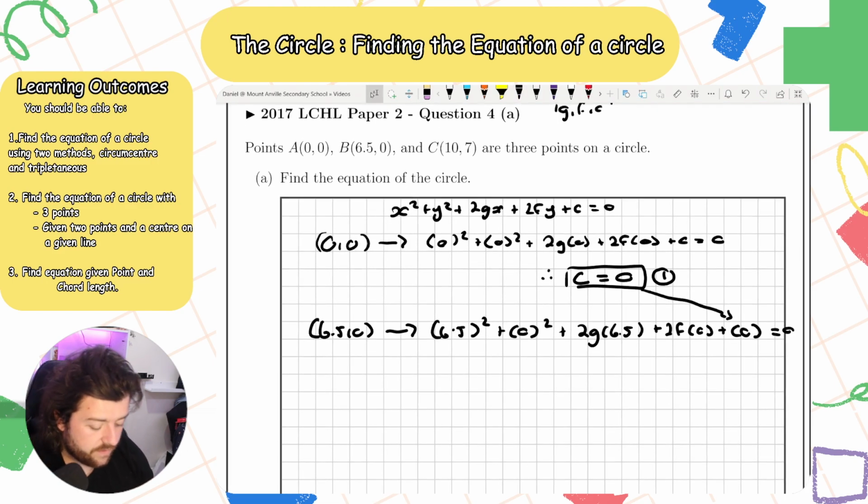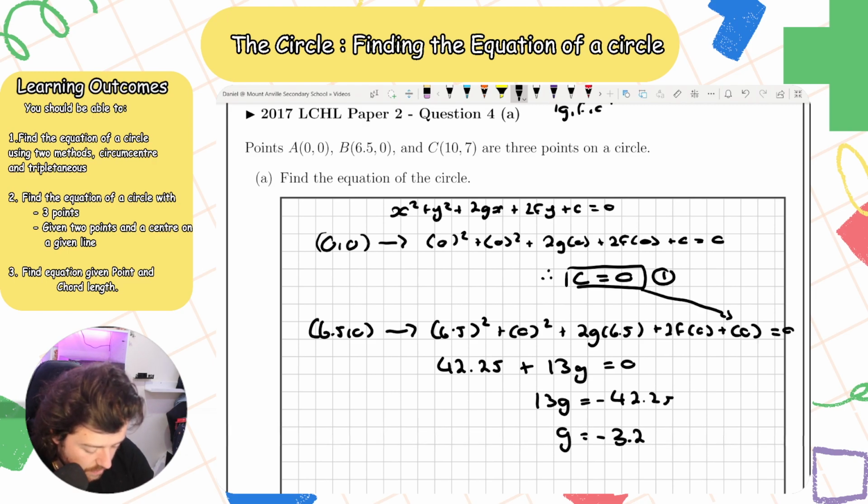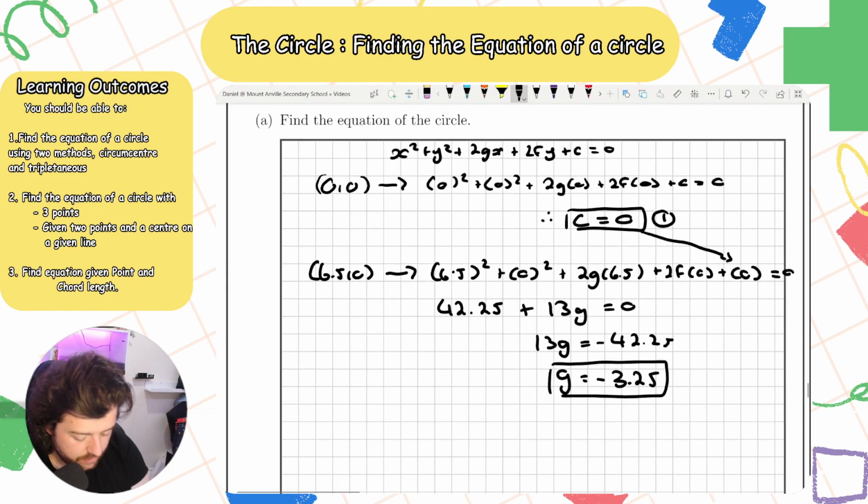So 6.5 squared is 42.25 plus 13g equals 0. 13g is equal to minus 42.25. g then is equal to minus 3.25. This is such a nice, easy one, right?